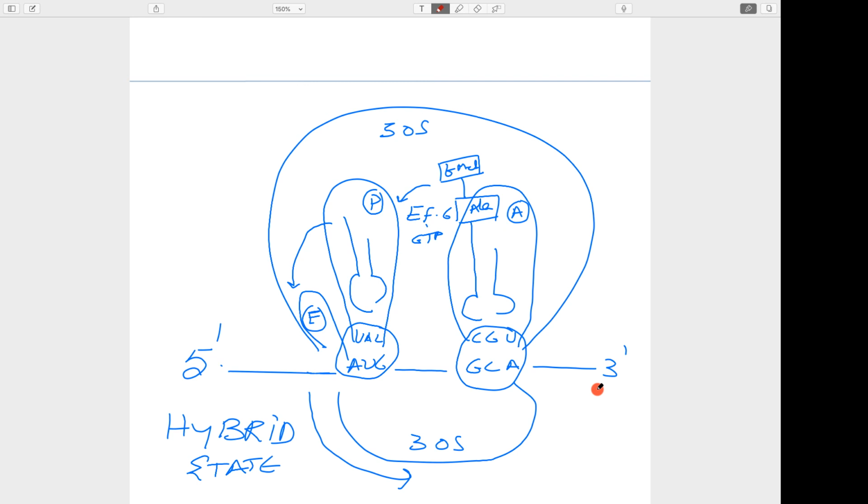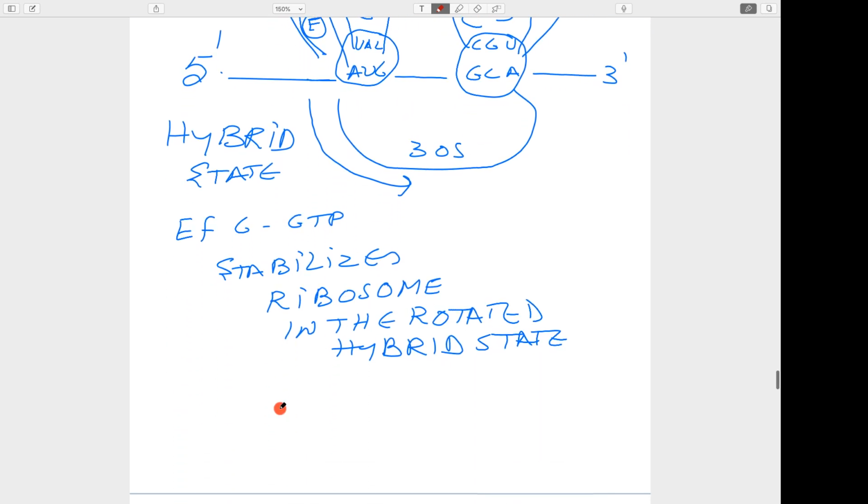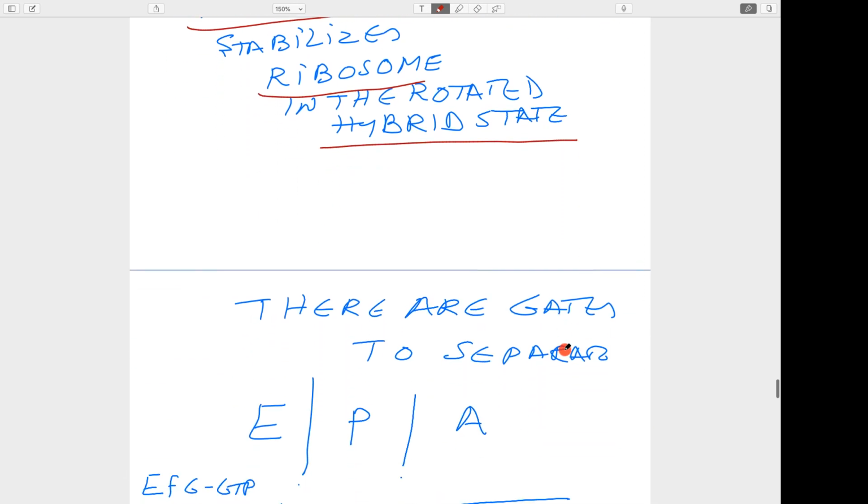This is what we call the hybrid state, in a counterclockwise manner. The EFG GTP stabilizes the ribosome in the rotated hybrid state. It is rotated because in the hybrid state there is a time difference in the shifting and movement of the 50S and 30S.